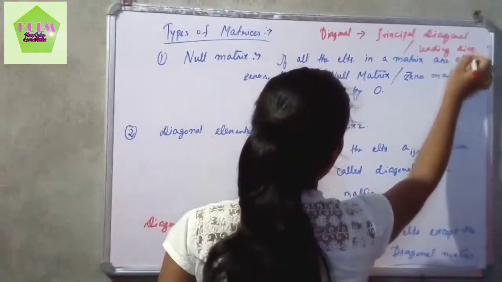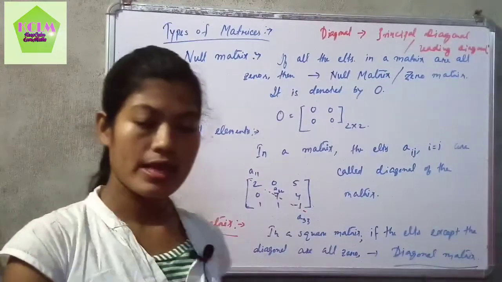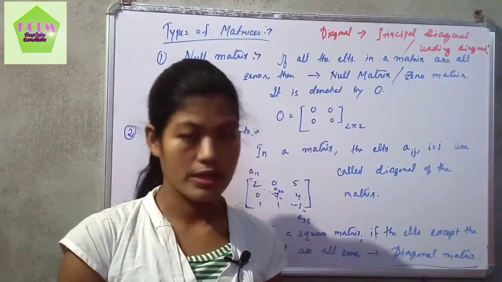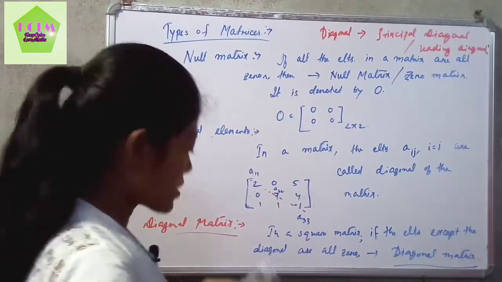These terms are all the same. So diagonal means leading diagonal and principal diagonal of that matrix. This is the definition of a diagonal matrix.